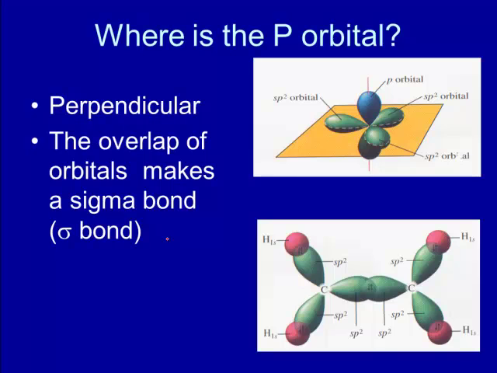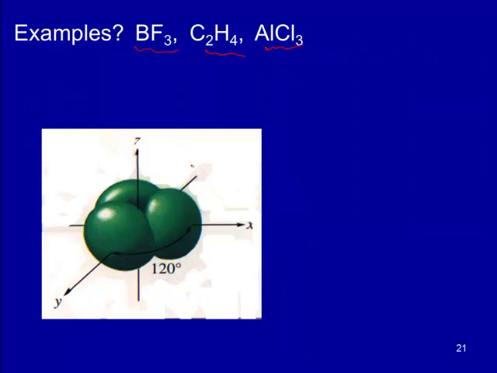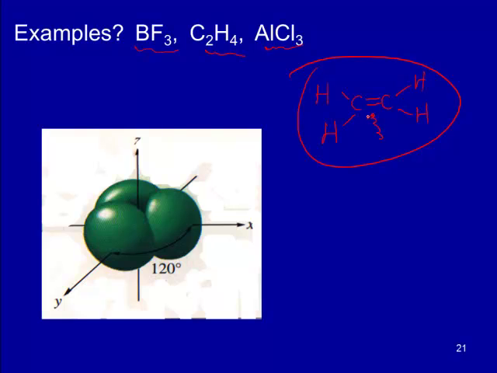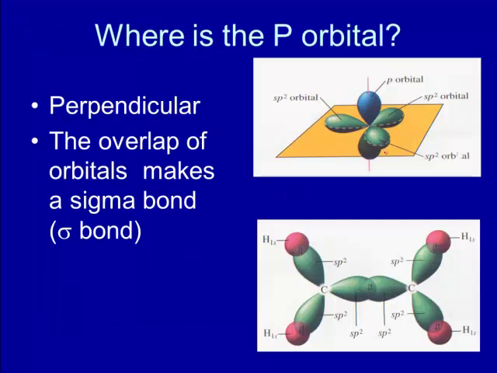And then you're wondering, for us to write C2H4, the proper Lewis structure will be this. And now you're looking at the double bond. Okay, and where is this double bond?